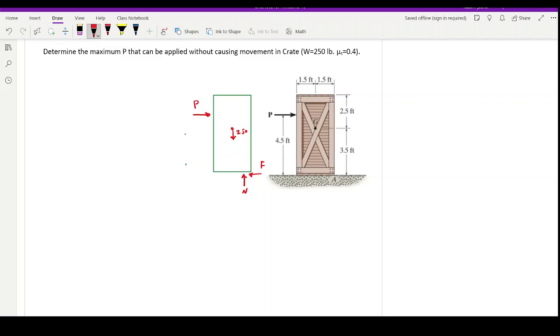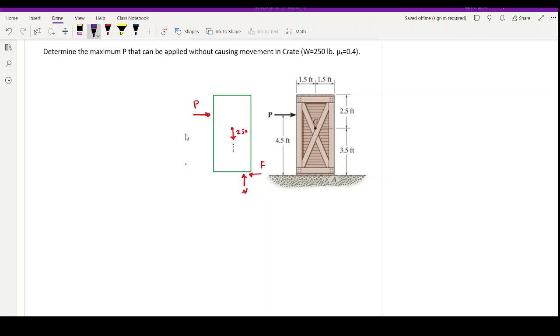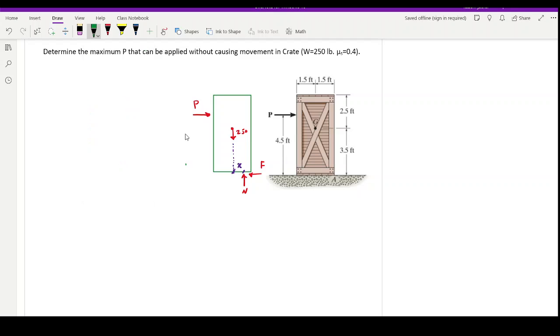So when it says slipping is occurring, that means that we have applied the maximum friction that we have, but it was not enough, and that maximum friction is equal to mu N. That's the maximum friction that we produce.